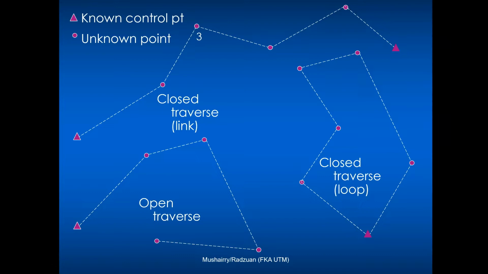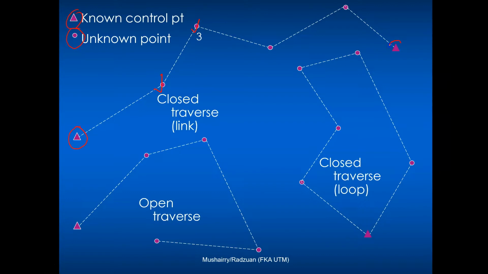The triangle denotes control points, meaning that you've got the coordinates of that point, whereas the circle represents unknown points, or points that you need to measure. If you look at the top one, you start from a known point, go to an unknown point, measure that point, calculate its coordinate, measure to the next, calculate that coordinate, and so on.